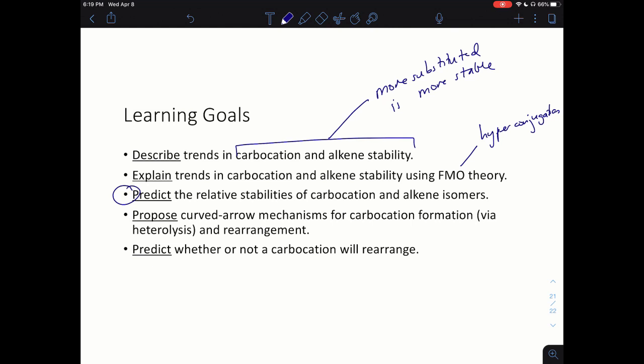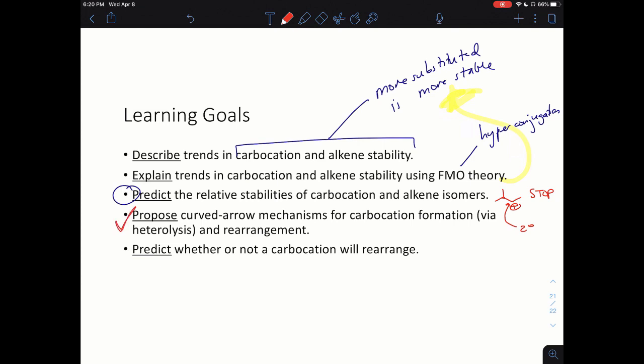Predict the relative stabilities of carbocations and alkene isomers. Yep, more substituted is more stable. So you need to first stop and ID the substitution pattern. So if you see some carbocations, you need to stop and say, hey, that's secondary, and then think about what that means. Propose curved arrow mechanisms for carbocation formation and rearrangement.